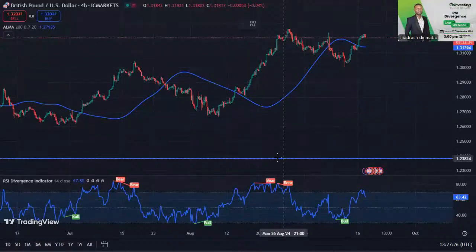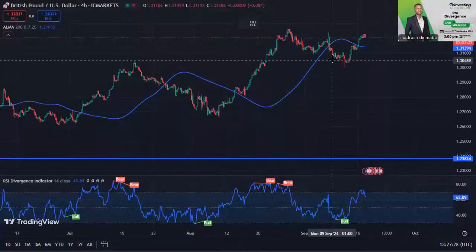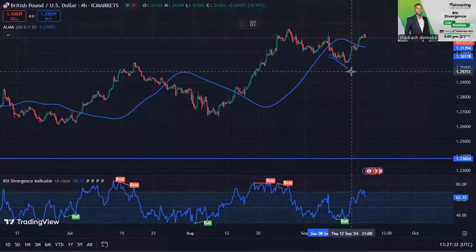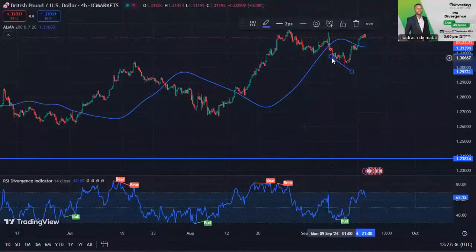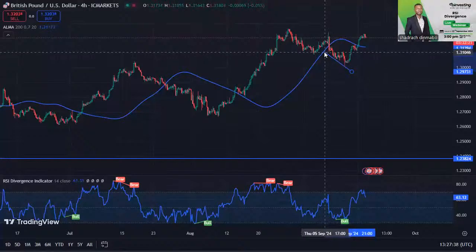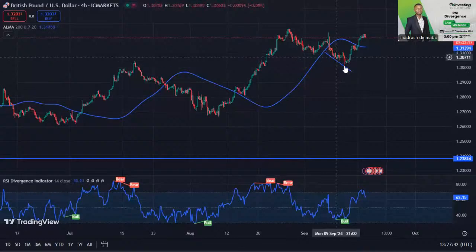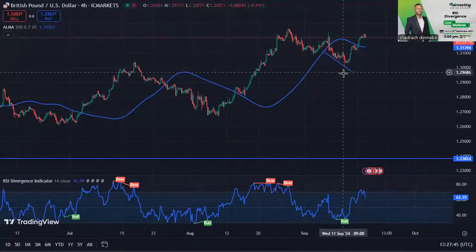From this point to this point, the market seems to be coming downwards, so you can see the slanting downwards move made a lower low here.